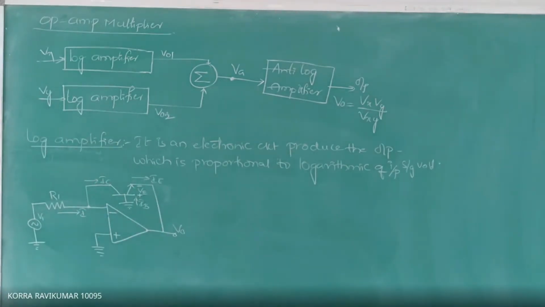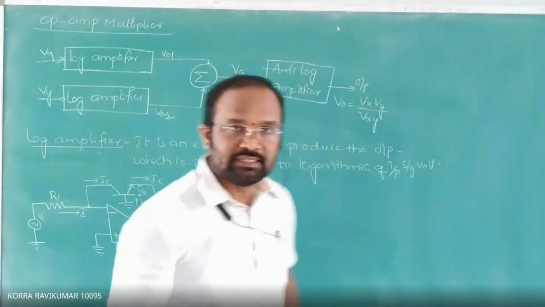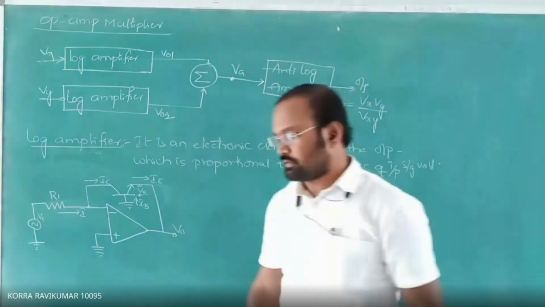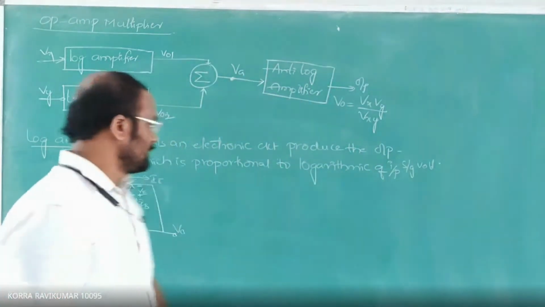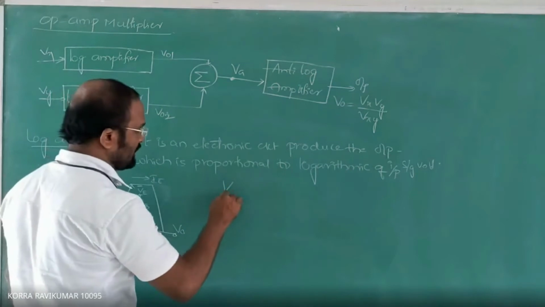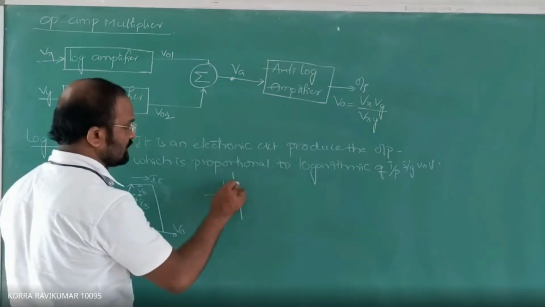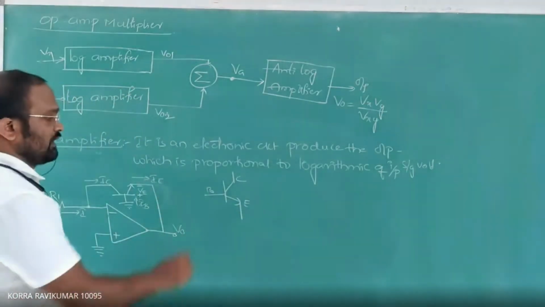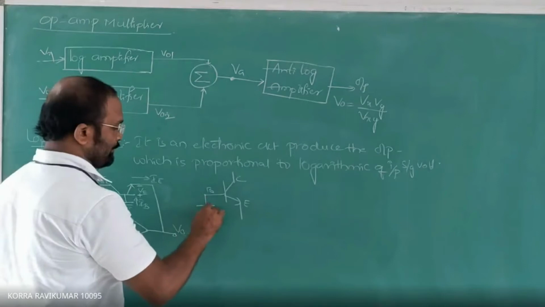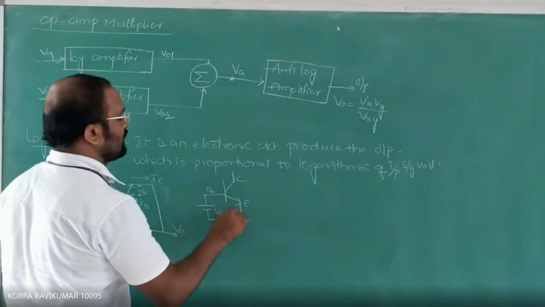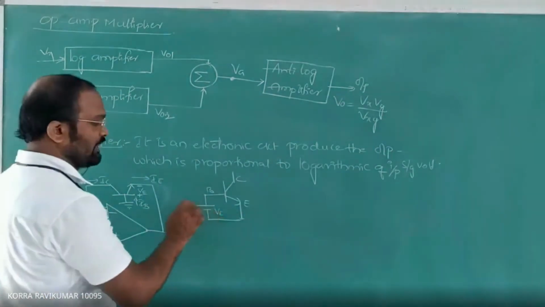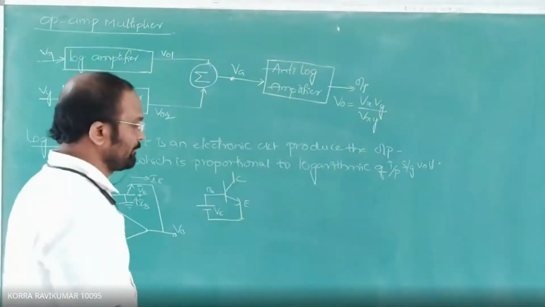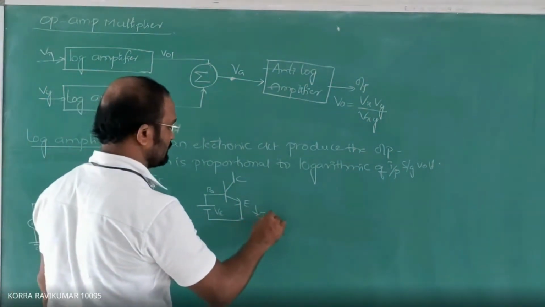From our basics of EDC, electronic devices and circuits, the basic concept of the transistor: if you take an NPN transistor with 3 terminals, collector, emitter and base, and apply the base-to-emitter voltage VBE, then the transistor produces the emitter current IE.